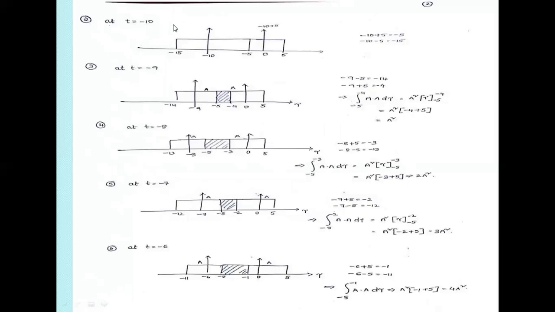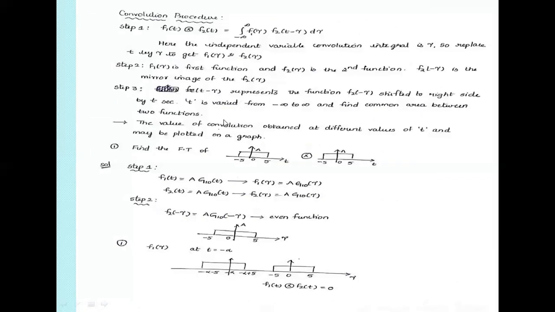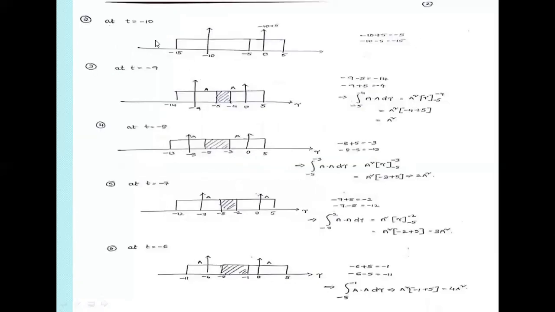We take t equal to minus 10, t equal to minus 9, t equal to minus 8, minus 7 and so on. See, we take the function as a gate function, varying t from minus 10 to plus 10. First of all, assuming t is equal to minus 10, graph both the functions.